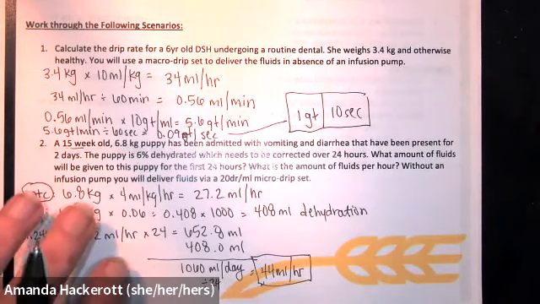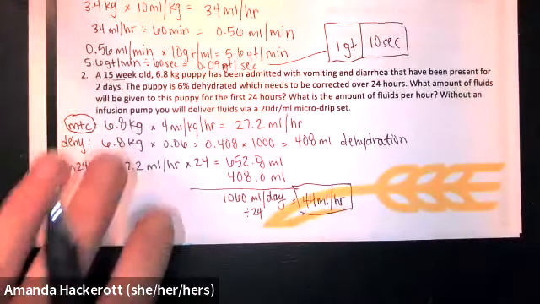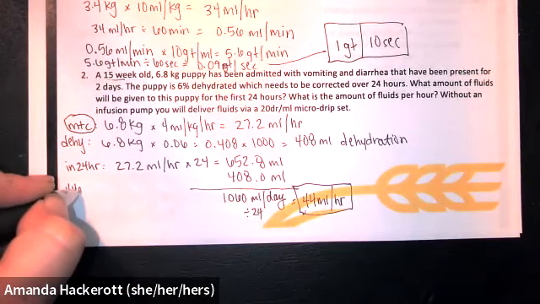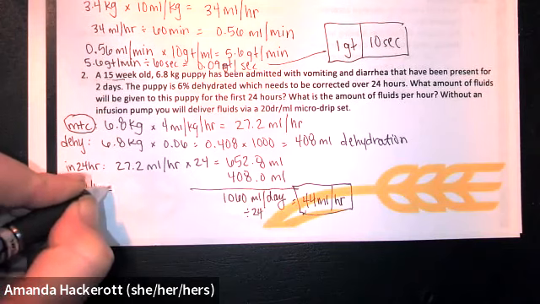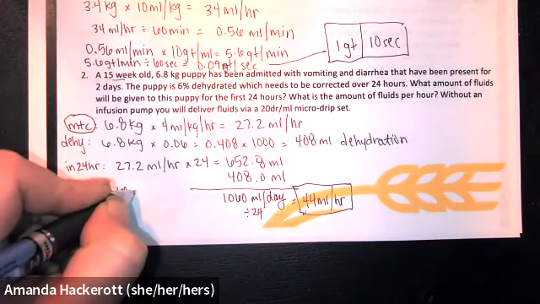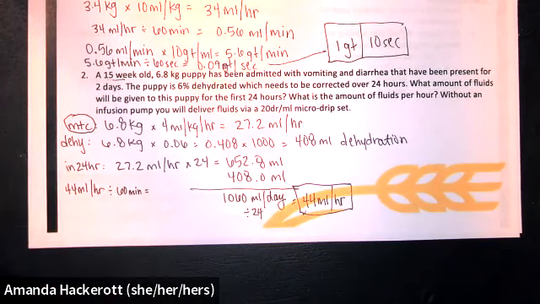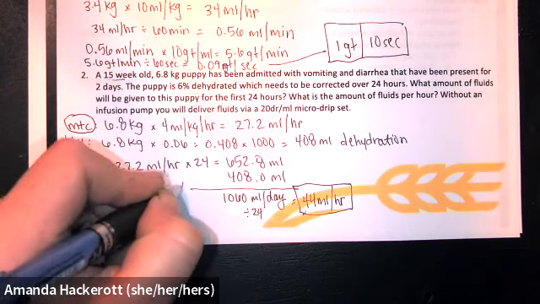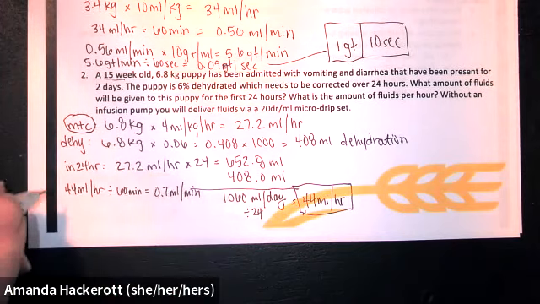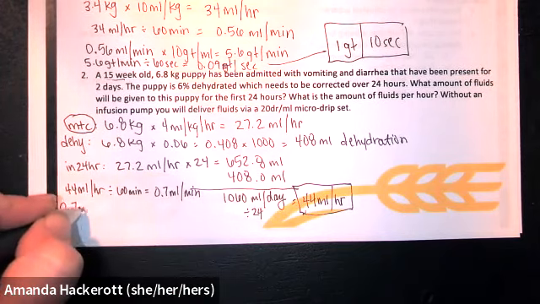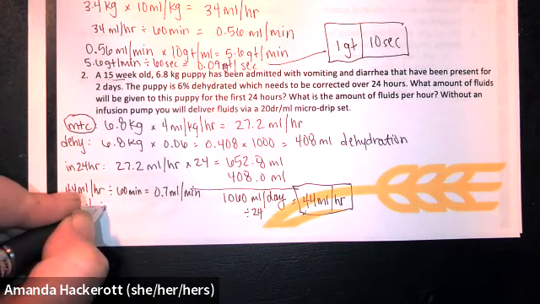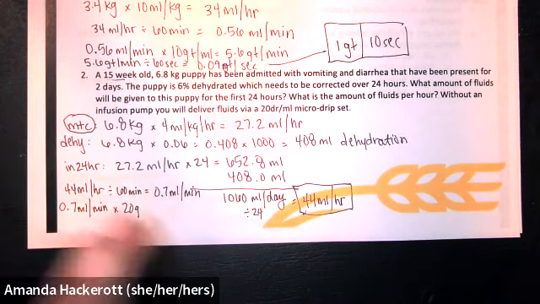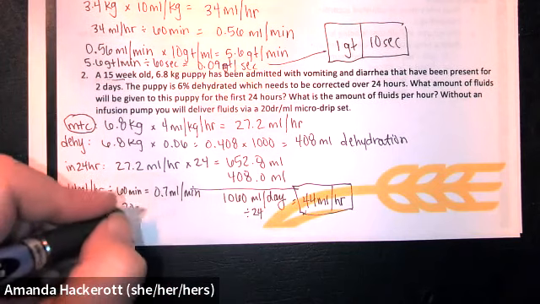So at this point, we need to just complete our problem here with our 44 mils an hour. So 44 mils an hour. Remember to divide by 60 for your minutes. That's 0.7 mil per minute. We're using a 20 drop per ml set. So we'll times our mil per minute times our drops per set.